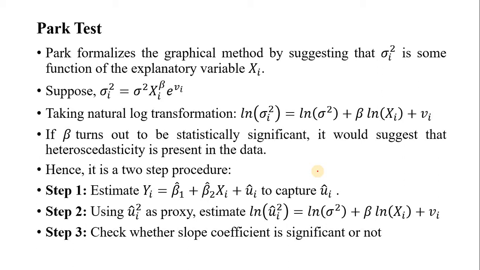He suggests that small sigma i square is some function of the explanatory variable xi. Suppose sigma i square is equal to sigma square times x i raised to beta, times e raised to vi.